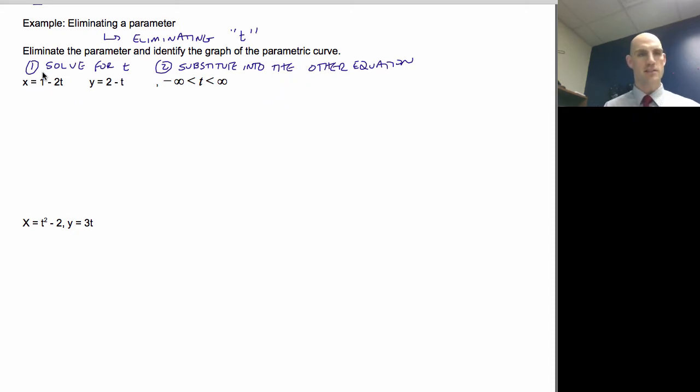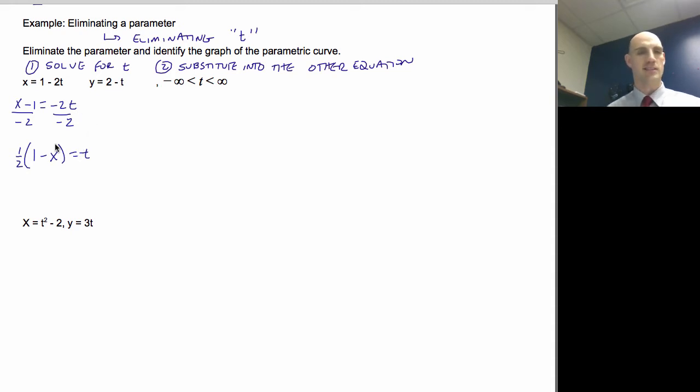So here we go. When I solve for t in this equation, I'll have x minus 1 equals negative 2t, and I'll divide by negative 2. When I do a little bit of rearrangement, I'm going to end up with 1/2, because -1/-2 is a half, and then 1 minus x is equal to t.